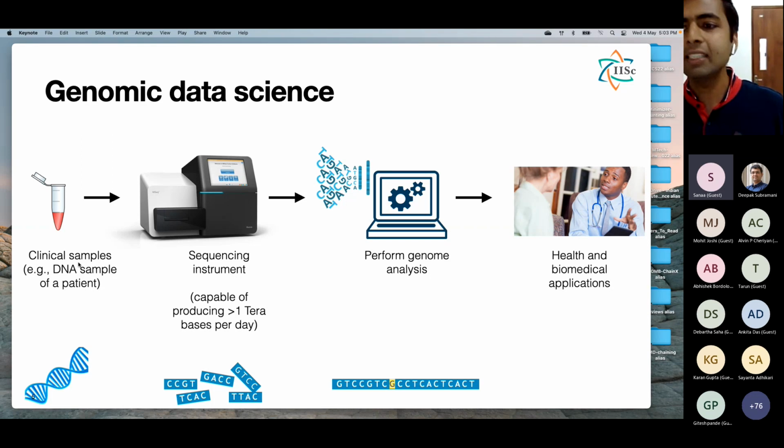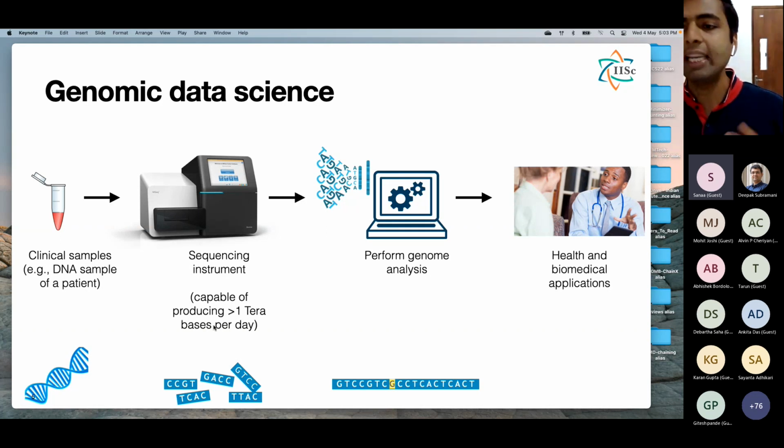So we need some sequencing mechanism to extract the DNA from the sample and some instrument to be able to read the DNA from the sample. We have various types of sequencing technologies available today that can help sequence the DNA in a sample. These sequencing instruments are capable of producing 1 terabyte of data per day. You can imagine that if these instruments are producing more than 1 terabyte of data per day, one needs clever algorithms to help analyze this data.